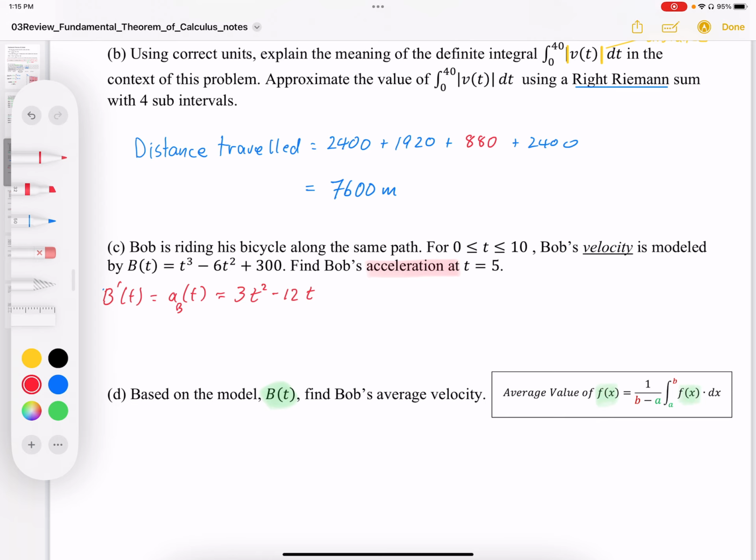We can then calculate b prime at 5, which is the same as the acceleration of Bob at 5, and that works out to be 3 times 25 minus 12 times 5, which is 60. So we get 15, and this is going to be meters per minute squared.